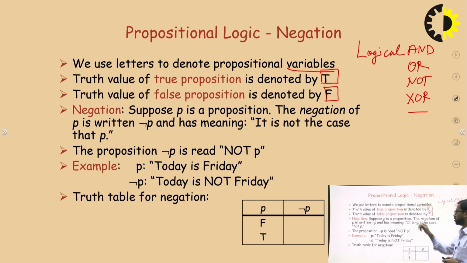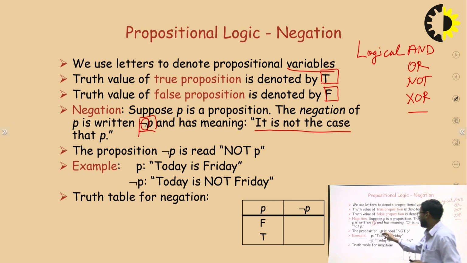Suppose P is a proposition, the negation of P is written as ¬P. That is the symbol for negation and has the meaning: it is not the case that P. What does it mean? It is not the case that P holds. Negation of P is read as not P.